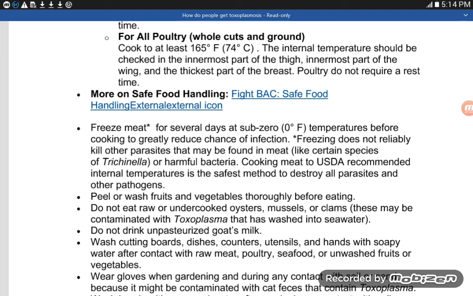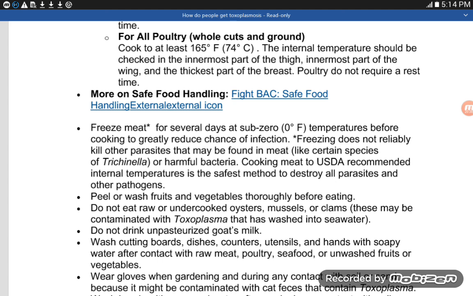So if you are using the cutting board or utensils or the knife, we have to wash our hands with soapy water, that means after contact with these raw materials, right? Or sometimes each and every time, the best thing is you have to wash all the cutting boards and utensils and the knives, right?